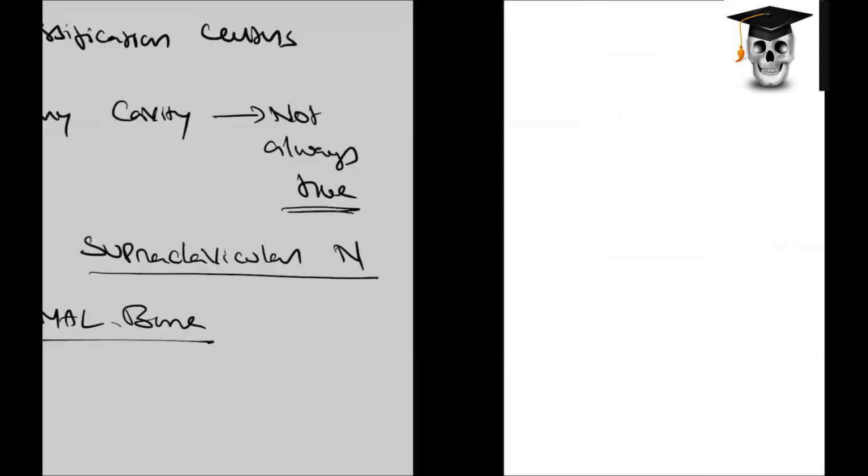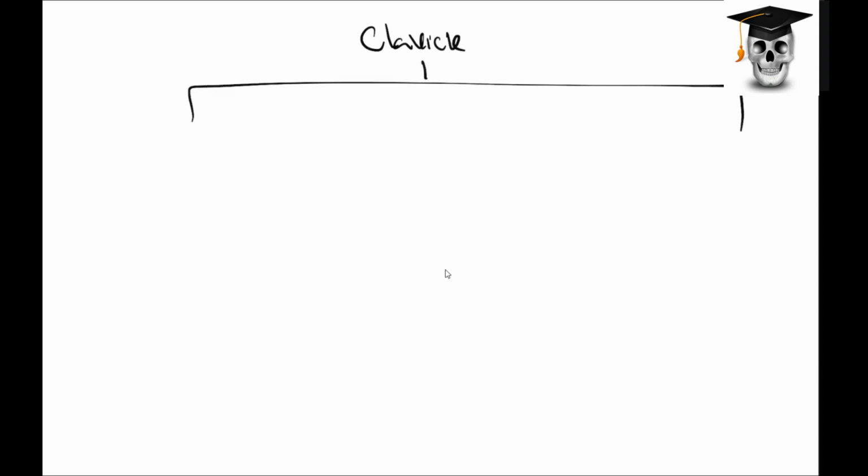Now we have to start our actual osteology. You see my blank screen? Okay. So this bone lies horizontally. The clavicle has two ends and an intervening shaft.